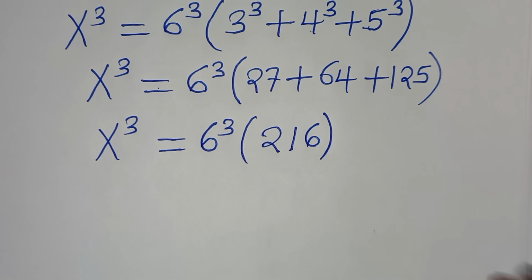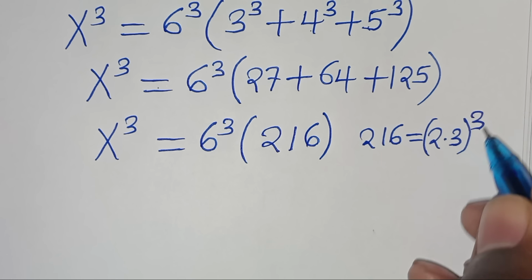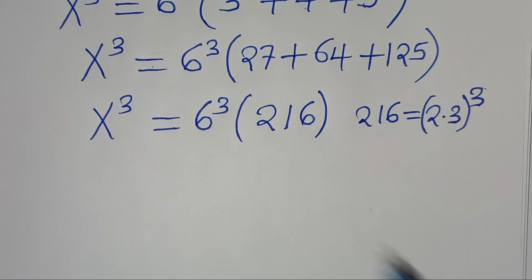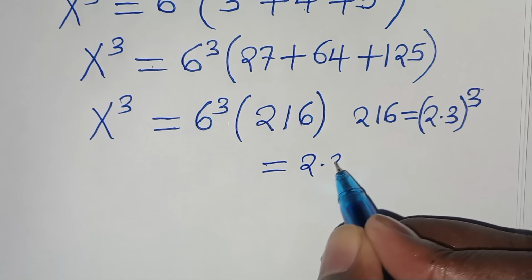Now, we can express 216. This is the same thing as 2 times 3 to the power of 3. We are saying this is 2 times 3 raised to the power of 3, which is the same thing as 216.